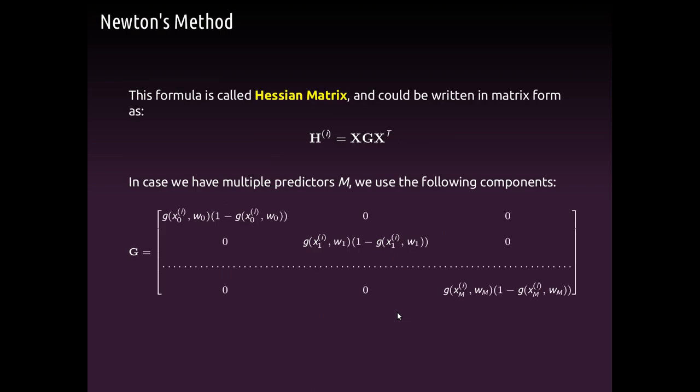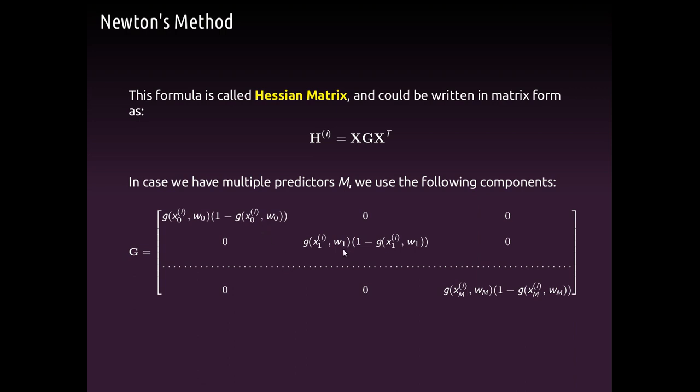Here we can build our matrix G. It depends on how many predictors you have. If you have m predictors, you can build this matrix here. It is a matrix of m plus 1 by m plus 1 dimensions.